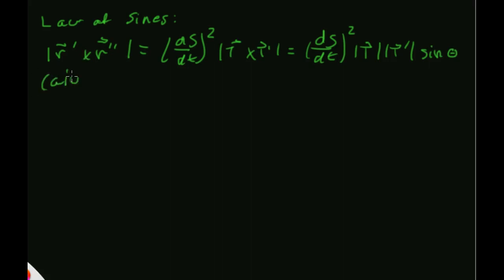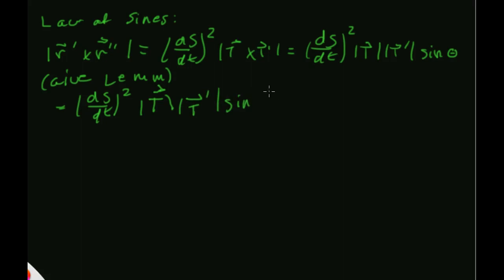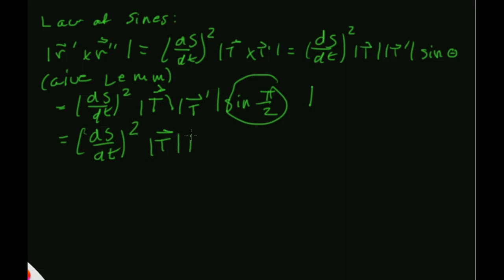But if we use the lemma, then we know that T and T prime are perpendicular, which forces this to be (ds/dt) squared times magnitude of T prime times sine of pi over 2, because that's perpendicularity, which means that this is going to go to 1. So we get (ds/dt) squared times magnitude T times magnitude T prime.